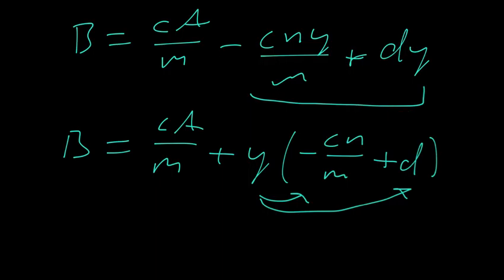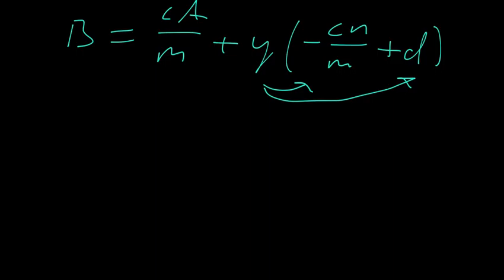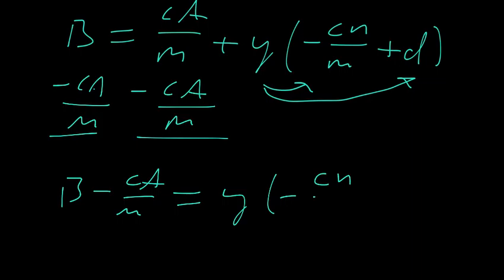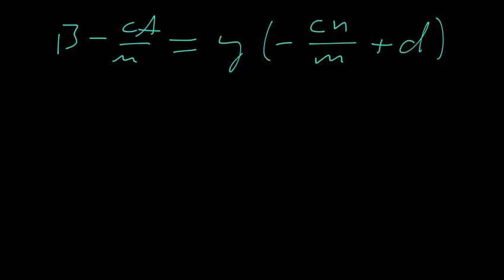So now to solve for y, what we want to do first is subtract ca over m from both sides. And what that's going to give us is b minus ca over m equals y times negative cn over m plus d. And now, just like a normal equation, we're going to get y by itself by dividing by any term that's multiplied by it.